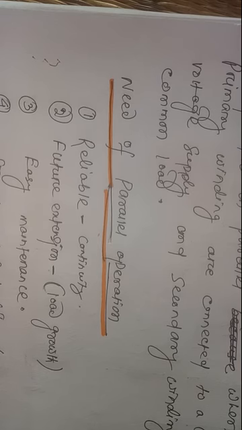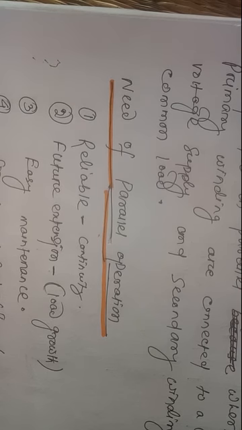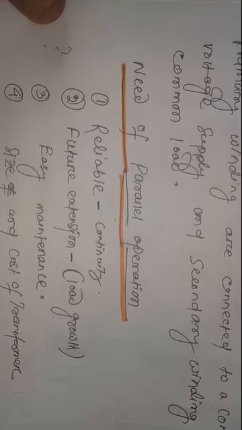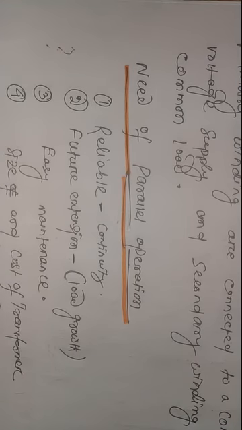If a number of transformers are connected in parallel and one transformer fails to deliver power, the continuity can be maintained by the other transformers. The second one is future extension, or load growth. If in the future there is a need for more load demand, you can connect it because we have that much capacity with us.